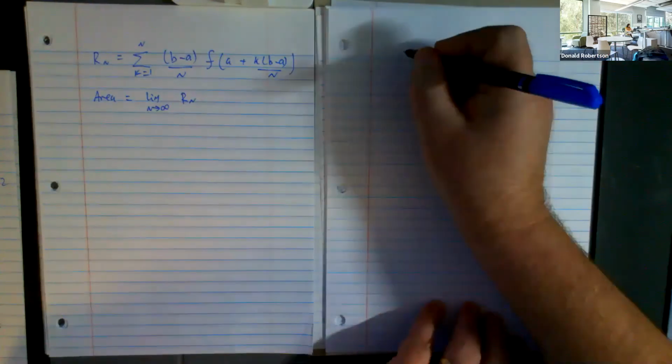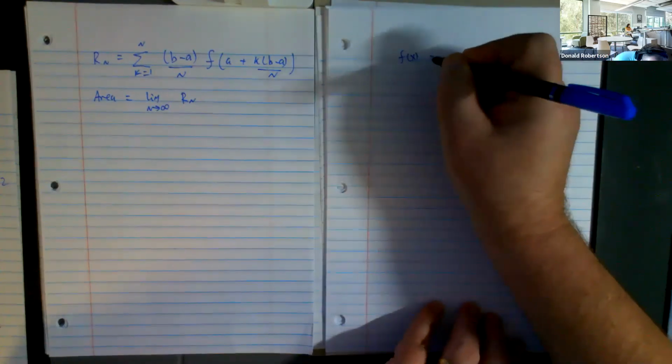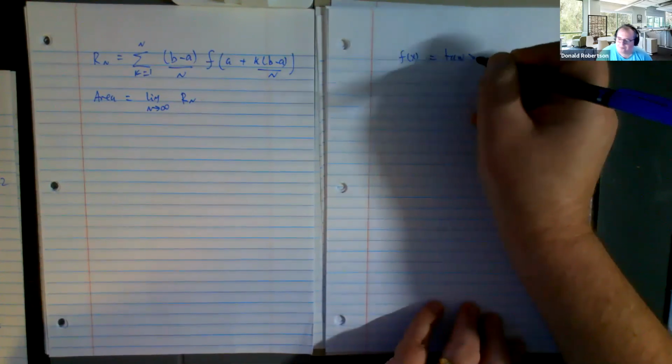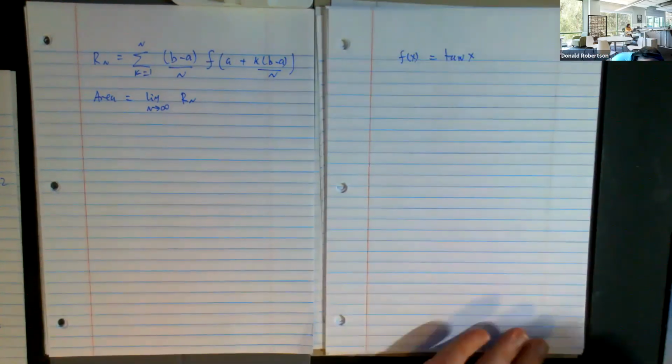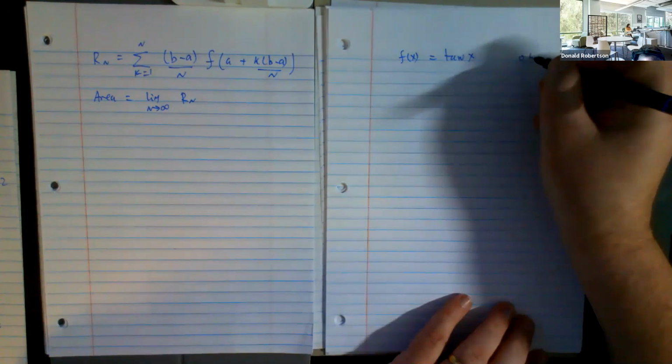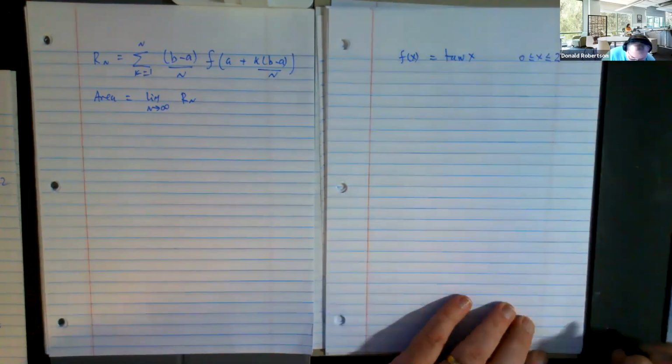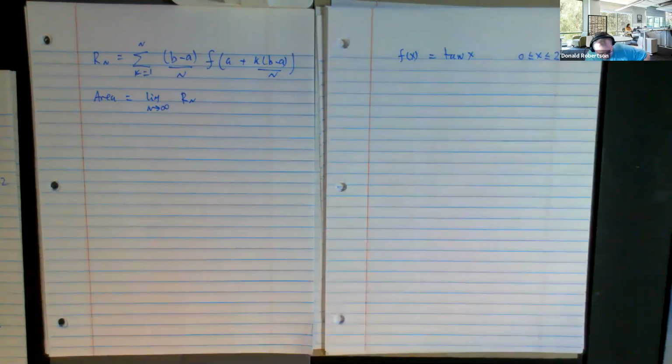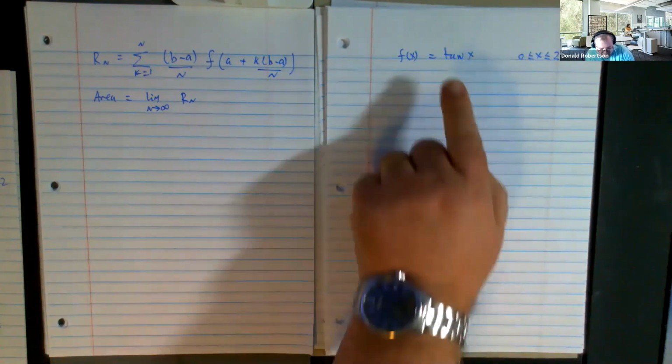Suppose I gave you the function tan x, and I told you that it was going to go from x equals 0 to 2. How could you find the exact area under this curve from 0 to 2?